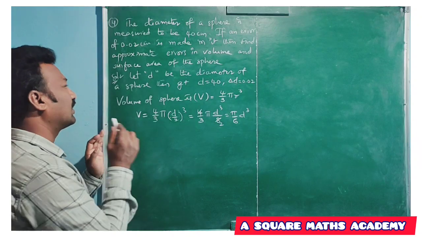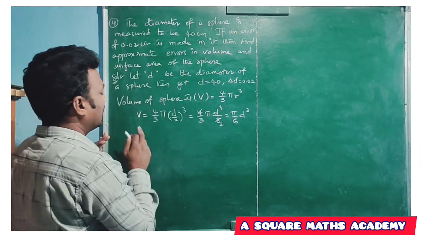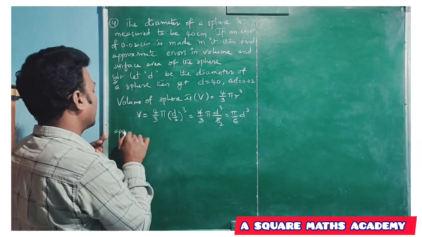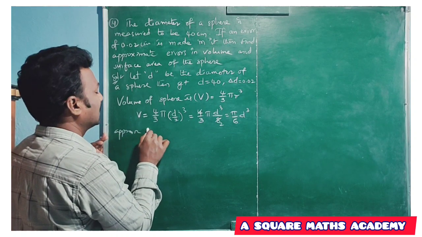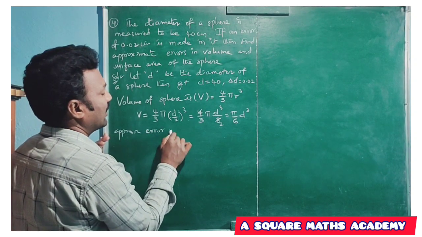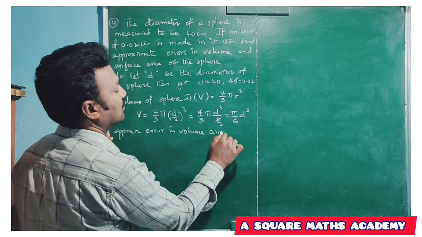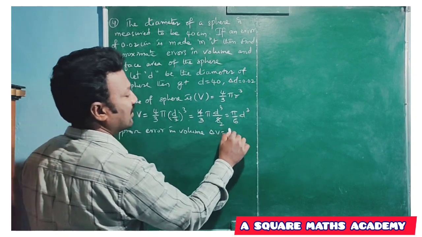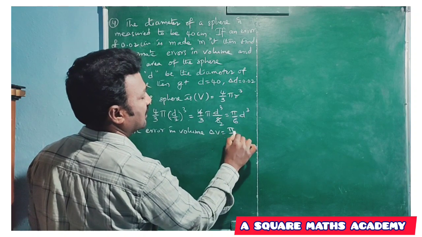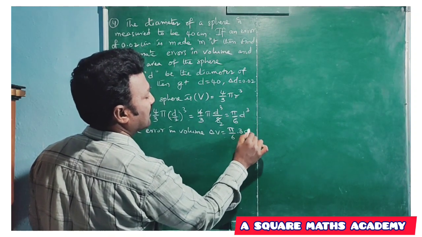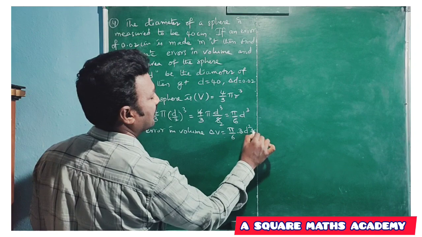So then after we find out here the approximate error కాబట్టి ఇందులో approximate error మనం ఫైండ్ చేయాలి. Approximate error in volume, so that is delta V కదా. సో delta V equals అంటే డెరివేటివ్ చేస్తే pi by 6 కాన్స్టెంట్, so 3 into d square we get here and delta d.